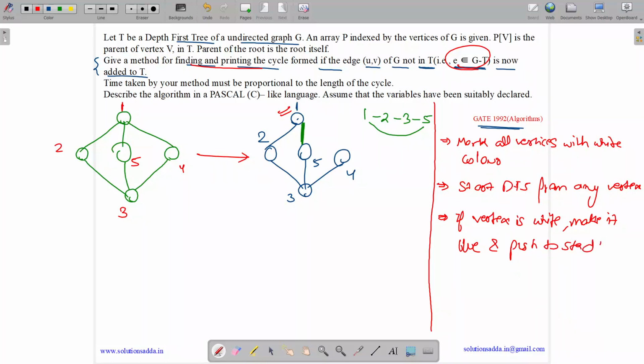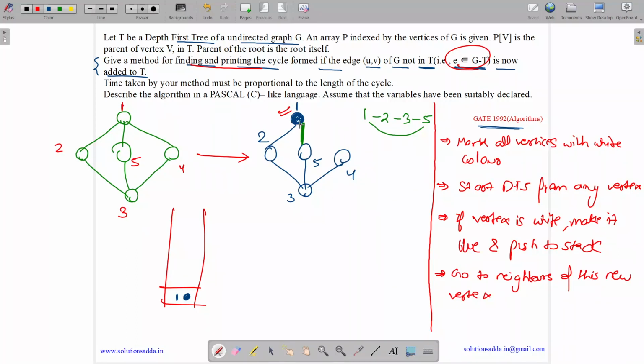Okay, so we have a stack. We make this vertex blue, so 1 is made blue and pushed to the stack. Now go to the neighbors of this new vertex.